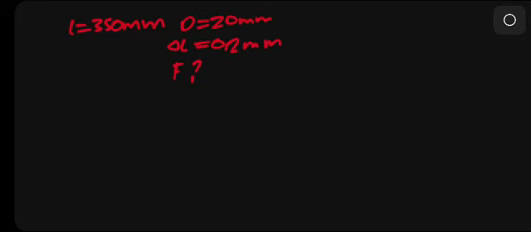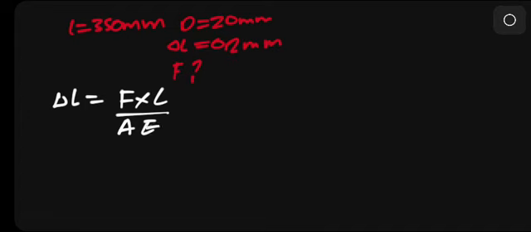Since you have been given the change in length, this is the formula that you might need to know. The change in length is equal to force multiplied by the original length, divided by the area multiplied by Young's modulus.